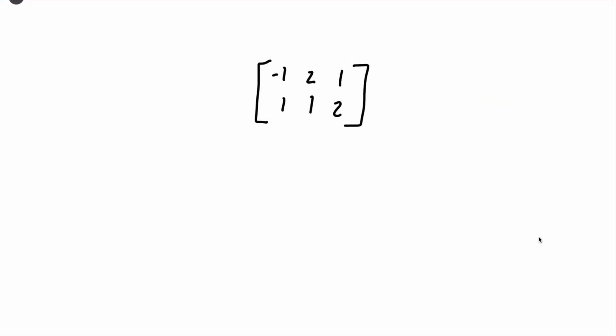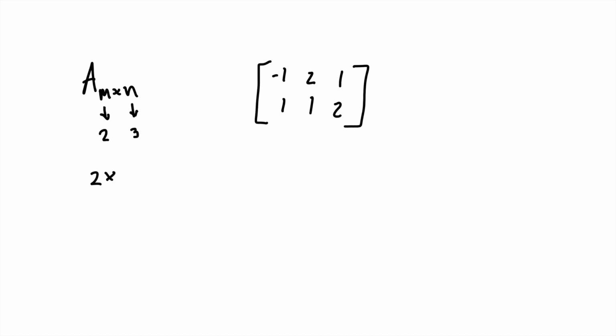Now I'm going to show you a way to immediately identify a linearly dependent matrix just by looking at it. And so what we determined before is that this matrix is linearly dependent. And we're going to call this matrix A. And matrix A is an m by n matrix. We know m is the number of rows, so it's 2, and n is the number of columns or vectors, so it's 3.